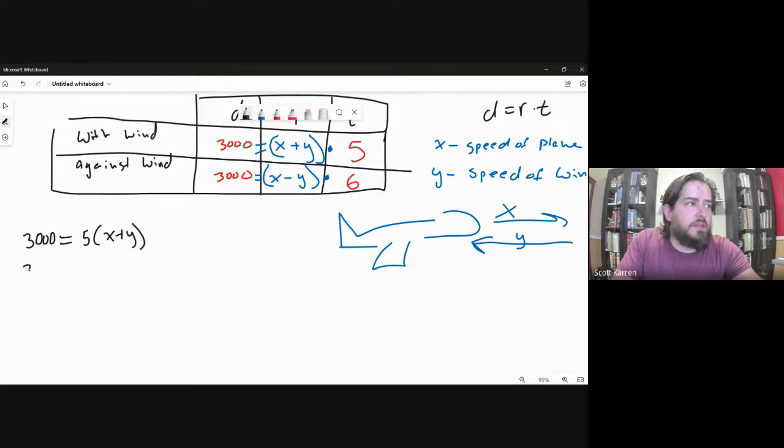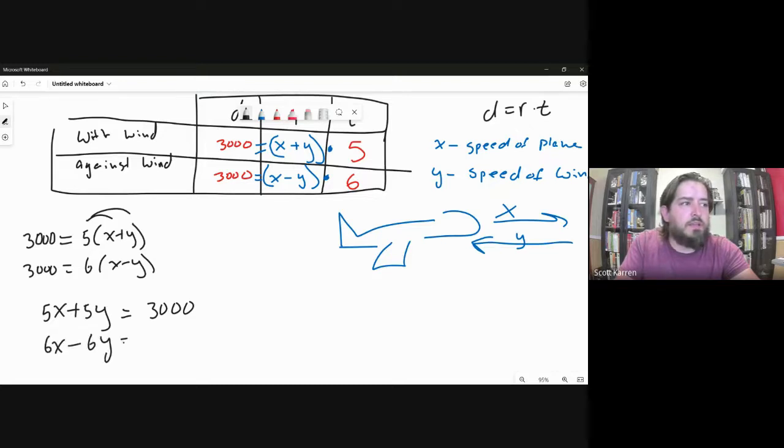And then I have 3,000 equals 6 times x minus y. I'm going to do my distribution, so I'll write this as 5x plus 5y. And I'm going to move my 3,000 off to the other side just to get it into the same format that we've been dealing with. So I've got 5x plus 5y equals 3,000. And then the same thing on the other one gives me 6x minus 6y equals 3,000.